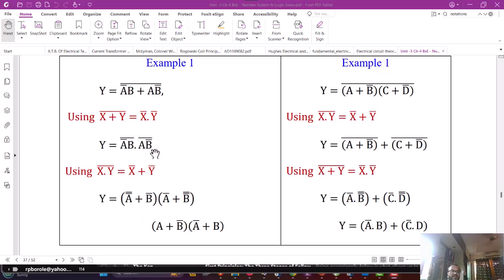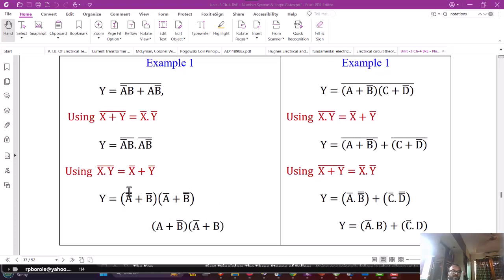Now take the second term. In the second bracket, you break this complement top bar. So it becomes A complement. Now replace the products here, A B complement as A complement or B complement of complement.